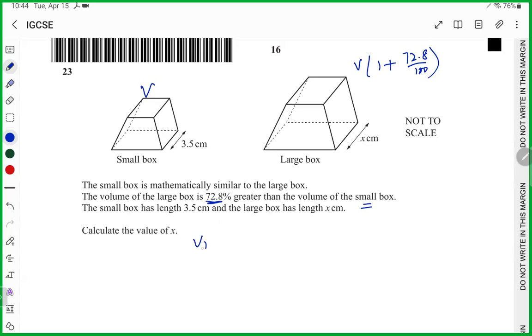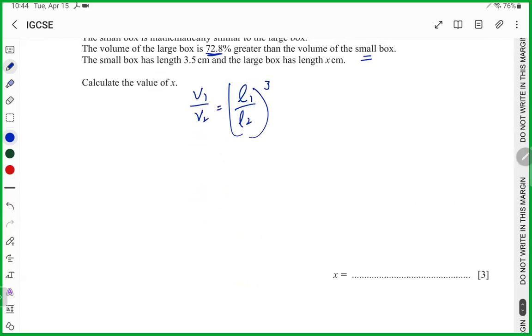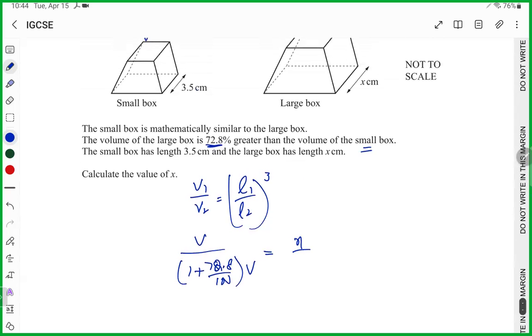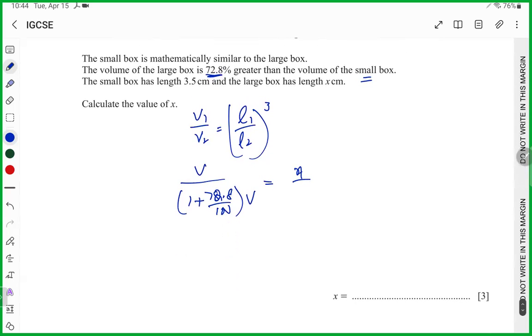So it's always V1 over V2 is equal to length 1 over length 2 cubed if two objects are similar. So 1 plus 72.8 over 100 is equal to x cubed divided by 3.5 cubed.